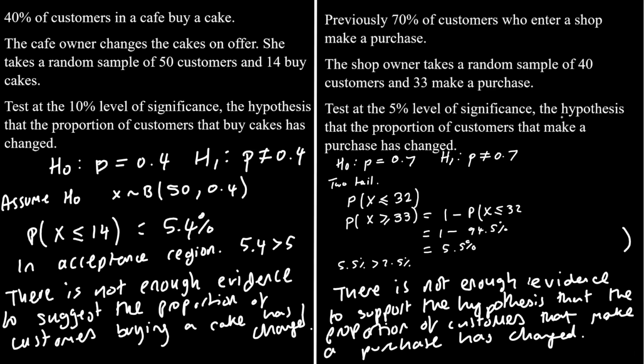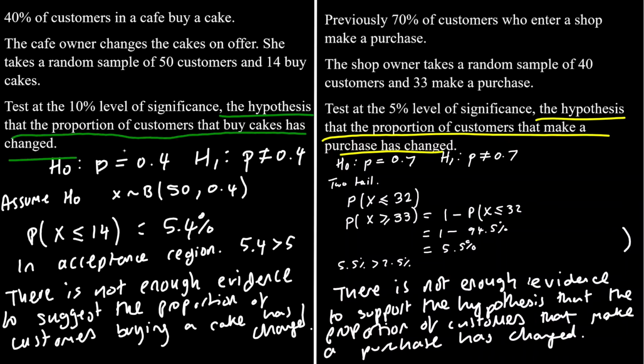So there's not enough evidence to suggest the proportion of customers that make a purchase has changed. And for the first question, there is not enough evidence to suggest the proportion of customers that buy cakes has changed.